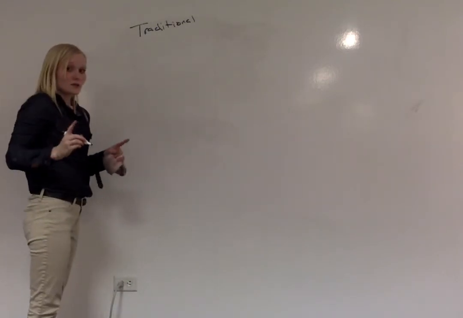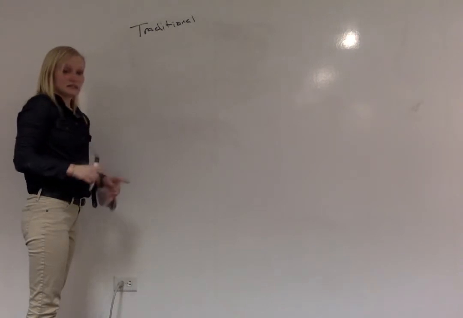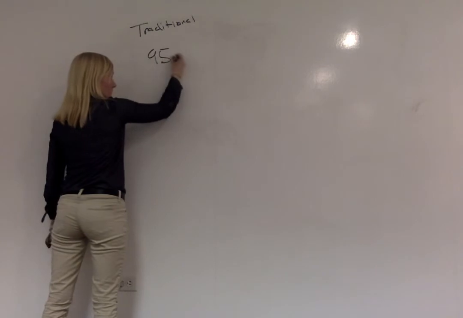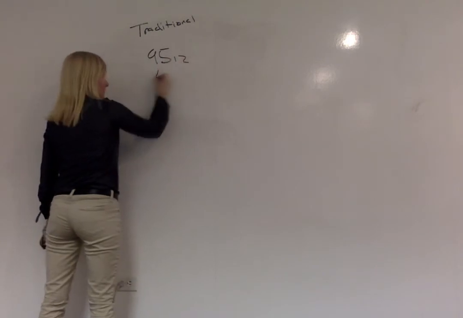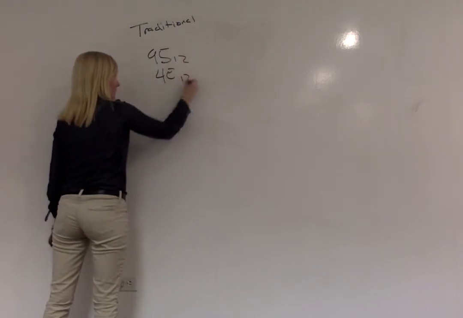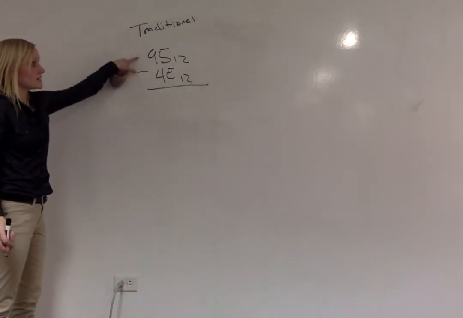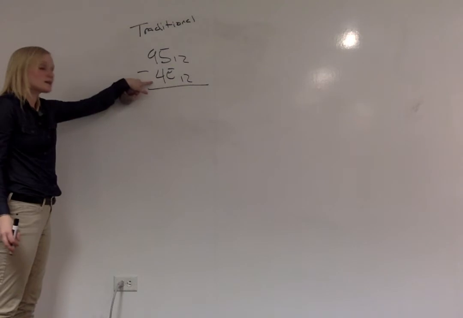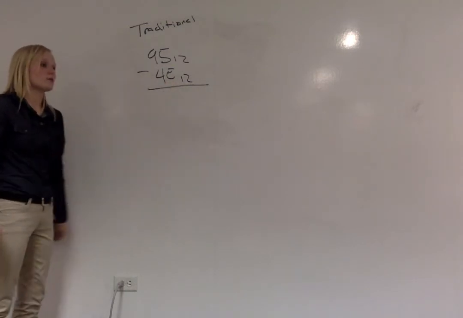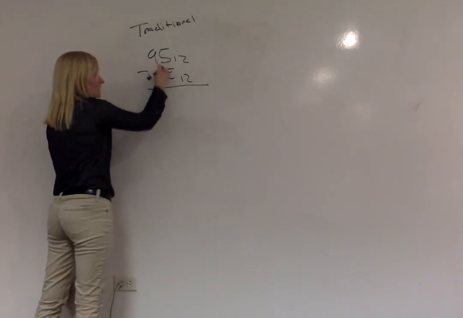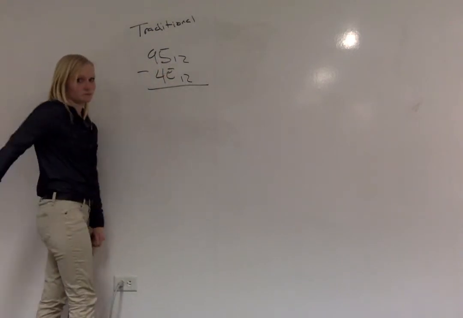However, the regrouping is different. If we start with 95 base 12 minus 4e base 12, we start by 5 minus 11.